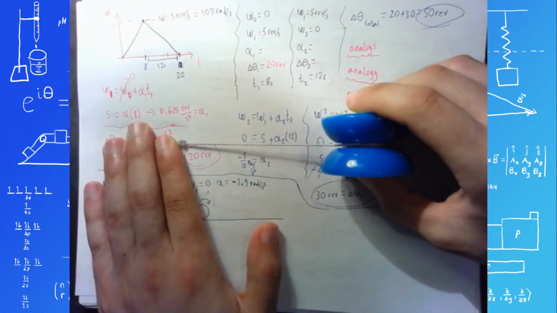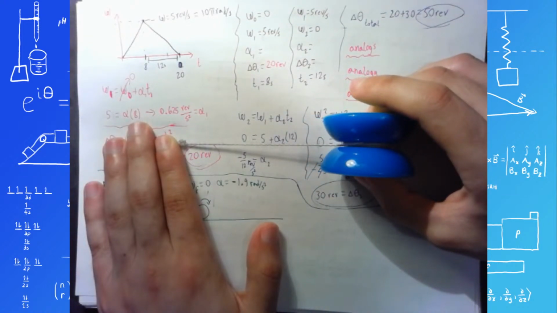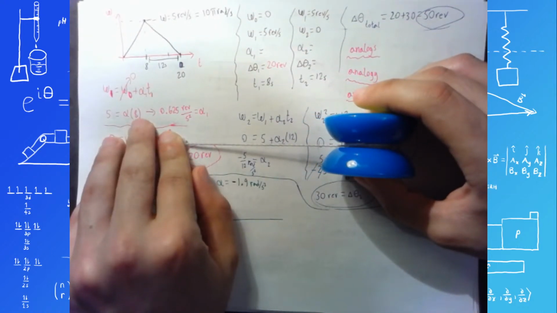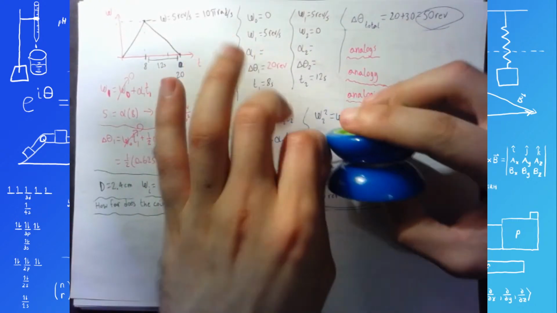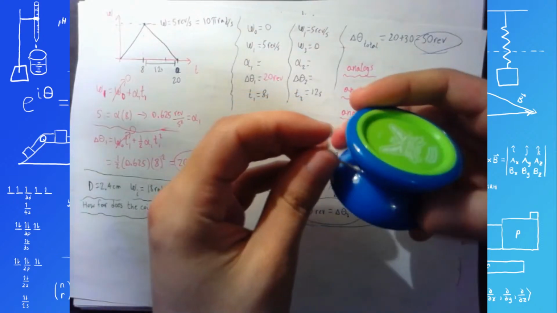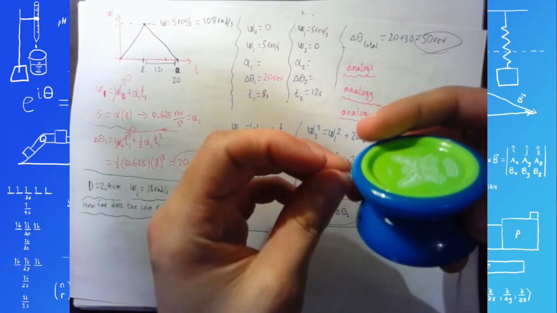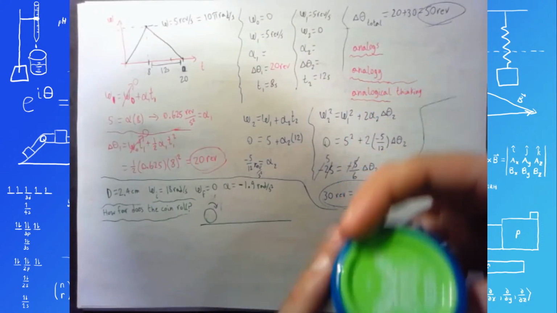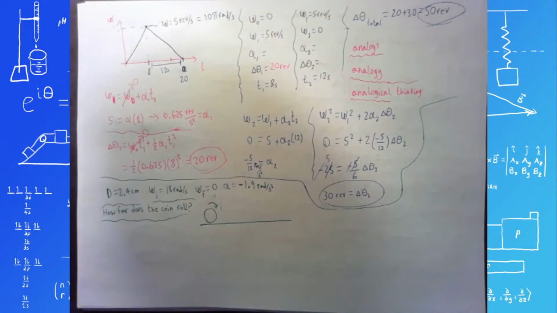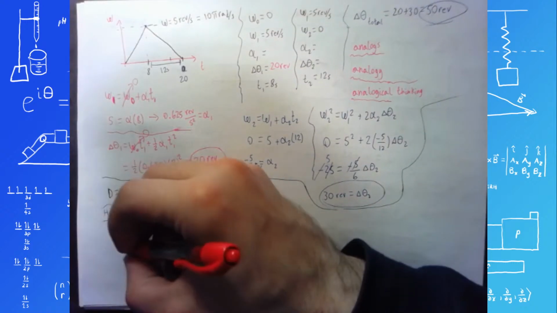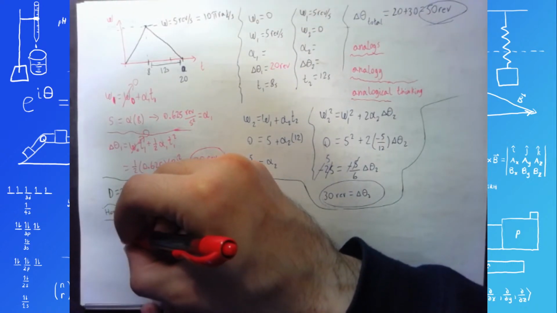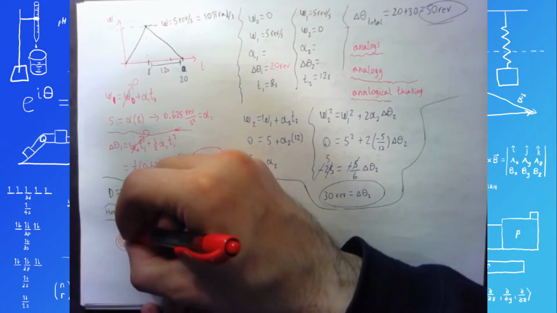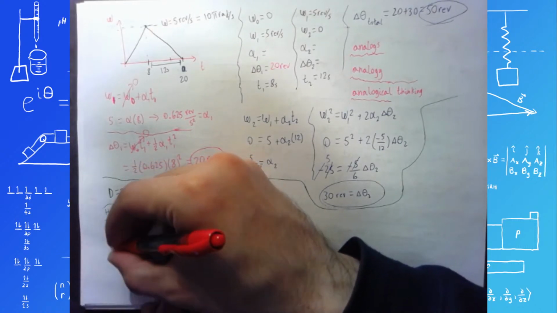So that distance of string that rolled out is also going to be the distance around the axle of the yo-yo, though a yo-yo is probably not a good example because as the string unwinds you don't really have a constant radius.